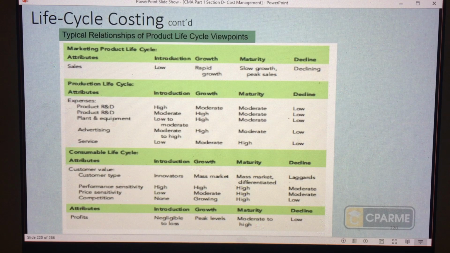Hanggang sa progression ng life ng ating product, nagdi-decline na siya towards the end of the life of the product. Kasi nga, either papalitan natin to ng bagong product or totally i-eliminate na natin yung product. So it goes, this is also the same for the service or the after sales or the service of your item or the product during the introduction.